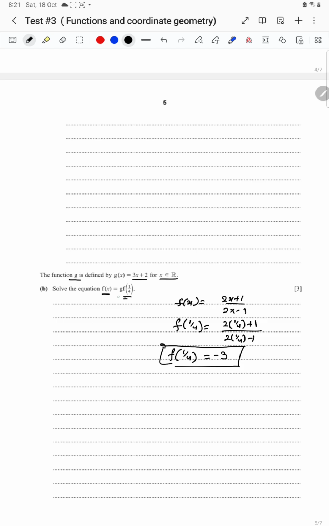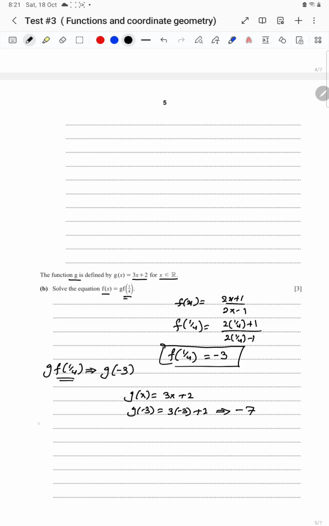So it means now g f of 1 by 4 becomes g of minus 3, because this whole answer is minus 3. Now g of x is given to be 3x plus 2. So g of minus 3 will be what? 3 times minus 3 plus 2, that will be minus 9 plus 2 is minus 7.